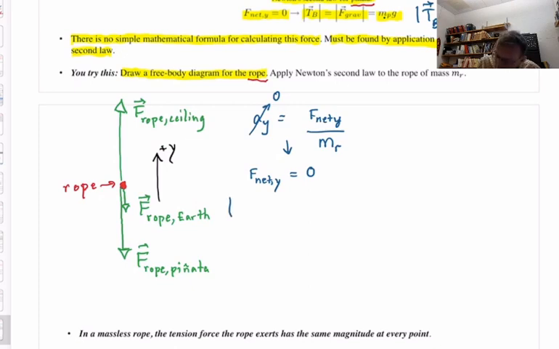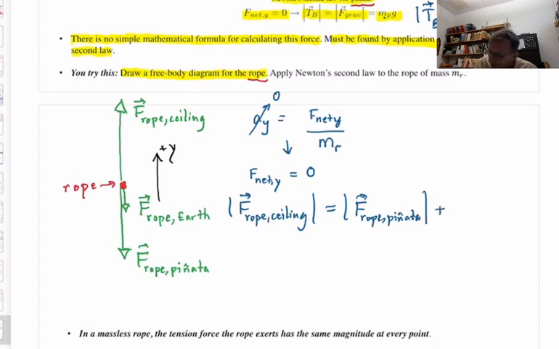The magnitude of the force on the rope due to the ceiling must equal the magnitude of the force on the rope due to the piñata, that's one of the downward forces, plus the magnitude of the force on the rope due to Earth. That's the other downward force.